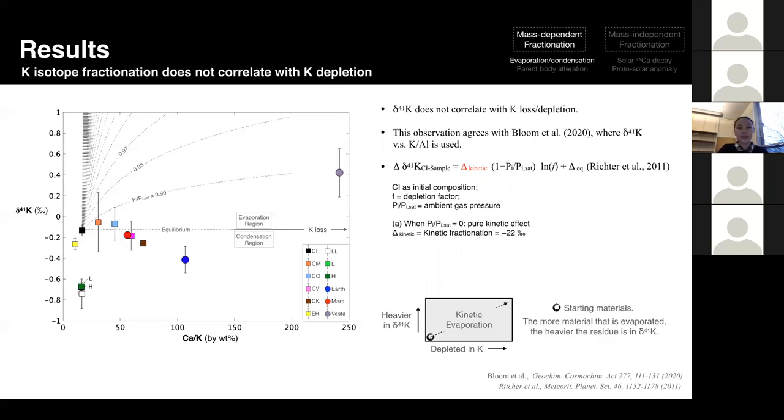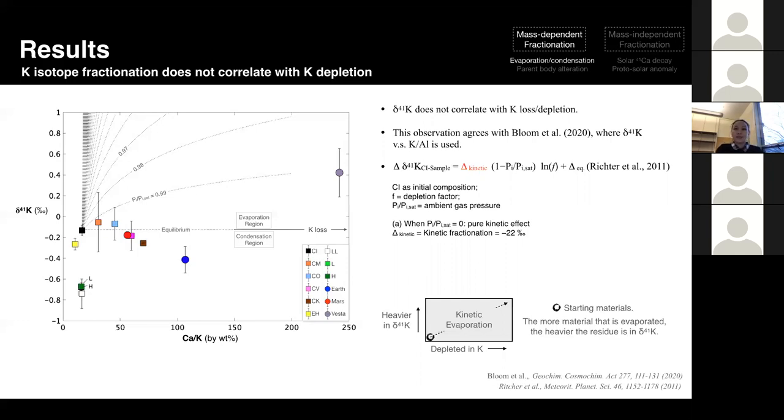You can replace calcium with aluminum, like a previous study from Bloom et al. did. Looking at this figure, there is no clear correlation between potassium isotope and potassium depletion among all the meteorites. And this observation agrees with previous works too.